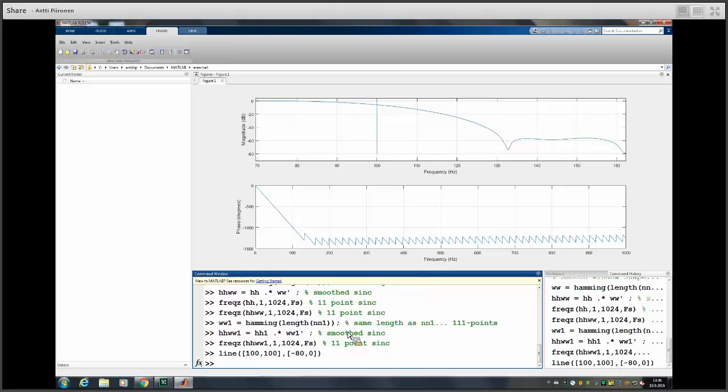There, that blue line is now our cutoff frequency, and based on this data, our stop band start frequency would be somewhere there. Let's see.